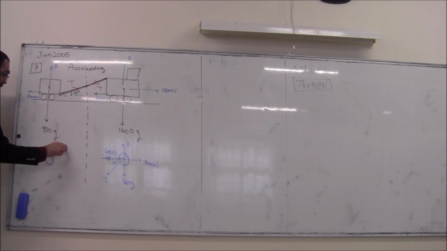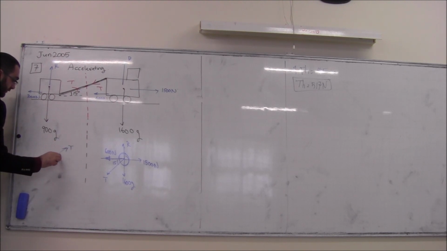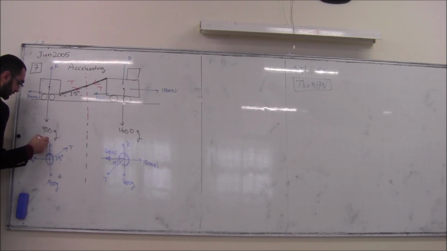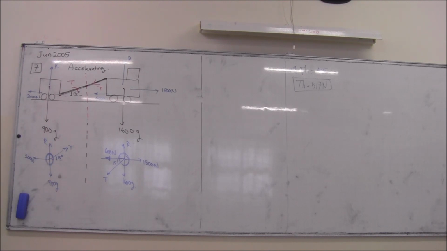Similarly here, we have tension this way at an angle of 15. Resistive force 300 in this direction, weight 900 g, and normal force. What I have to do is resolve the tension.